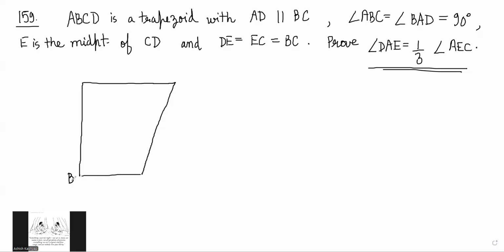So this is BC, AD, 90, 90, and E is the midpoint of CD, and DE is equal to EC is equal to BC. Okay, so this is equal to this is equal to this, right? And we have to prove that angle DAE, this angle is 1/3 of angle AEC.